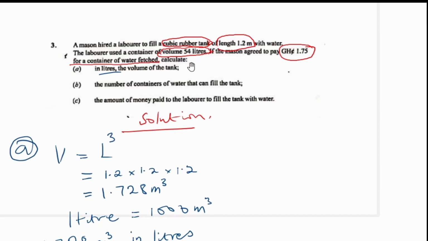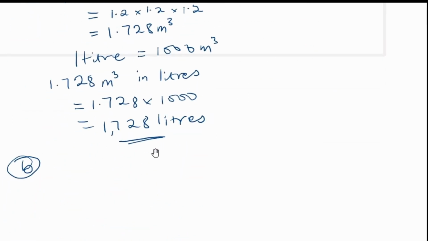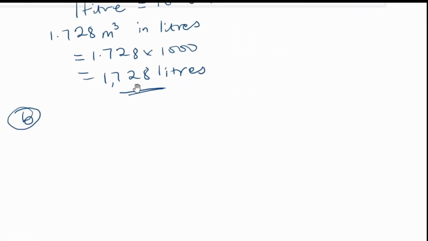And that sends us to our next important information, and that is the volume of the container. And the question stated that as 54 liters. So if we know the total volume of our tank as 1728 liters, then the number of containers that we'll get from our tank will be to divide the volume of our tank by the volume of our container, and that is 1728 liters divided by 54, and that will give us 32.